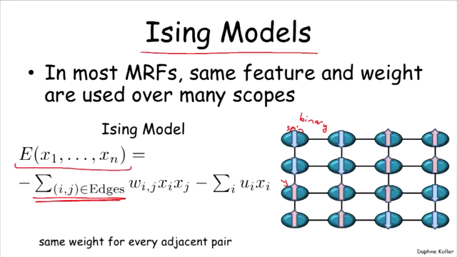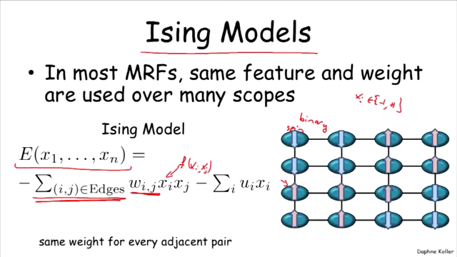So in this example, the edges are organized in a grid, of the weight that represents the connection of the spin of the two adjacent atoms times this feature over here, f of xi, xj, which is the product of xi and xj.